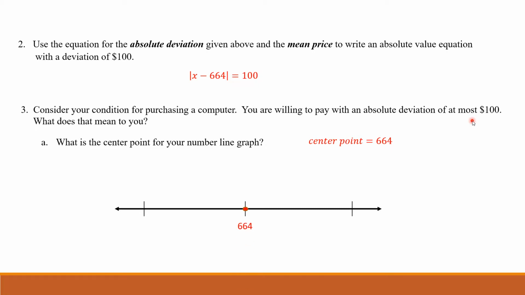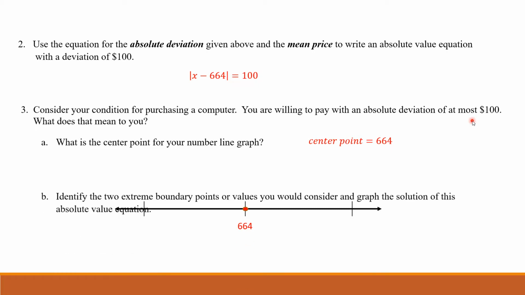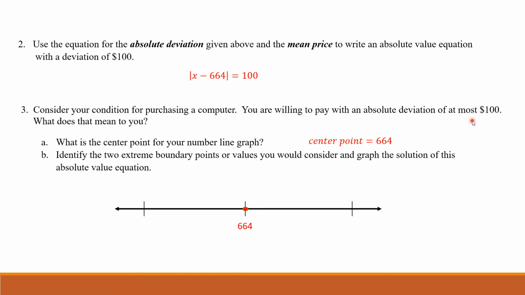That's our center point. Then we want to find the extreme boundary points or values that we would consider as our price. That means $100 less than 664, which is 564, or $100 more, which is 764.